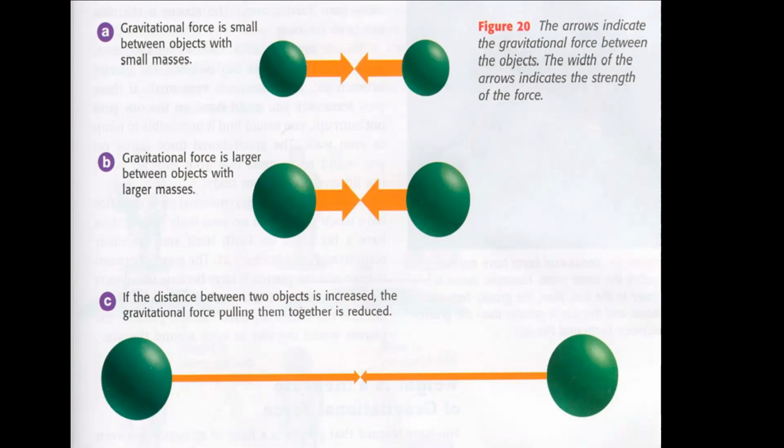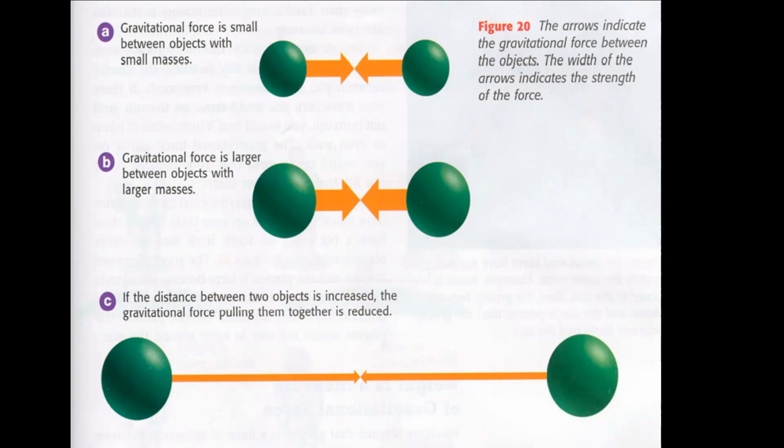So as you see here, the width of the arrows is greater than in the first case. In the third case, let's take these masses and maximize the distance between them. When we maximize the distance, the gravitational force is reduced, less than in the second case.